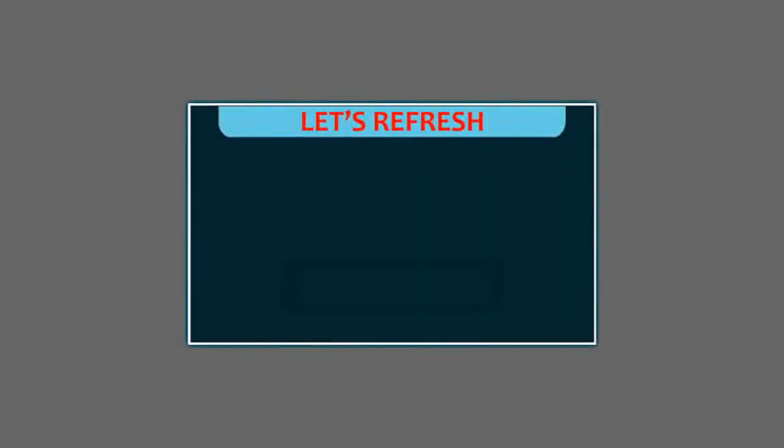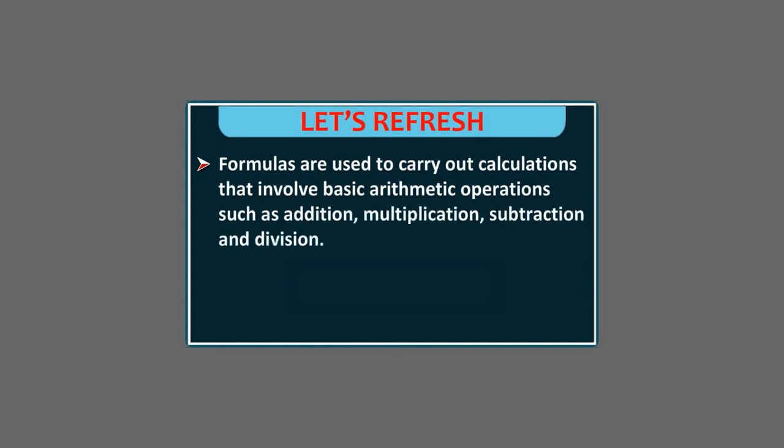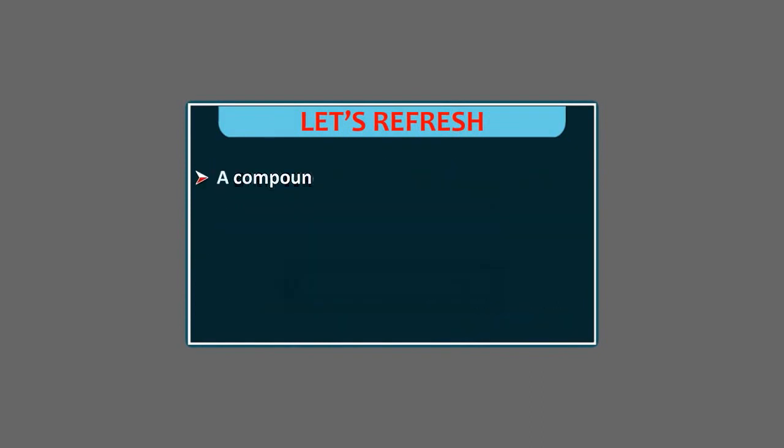Let's refresh. Formulas are used to carry out calculations that involve basic arithmetic operations such as addition, multiplication, subtraction, and division. A simple formula is an expression that is made up of numbers, arithmetic operators, cell addresses, and parentheses. A compound formula contains more than one operator.